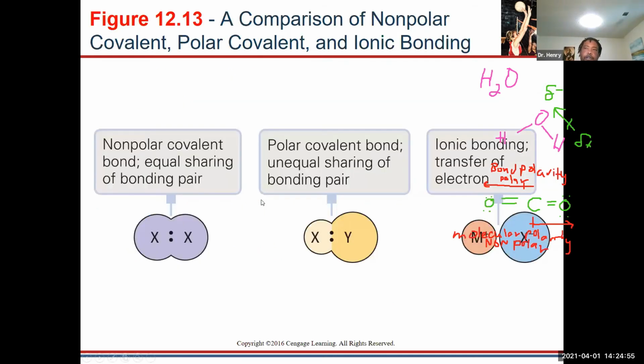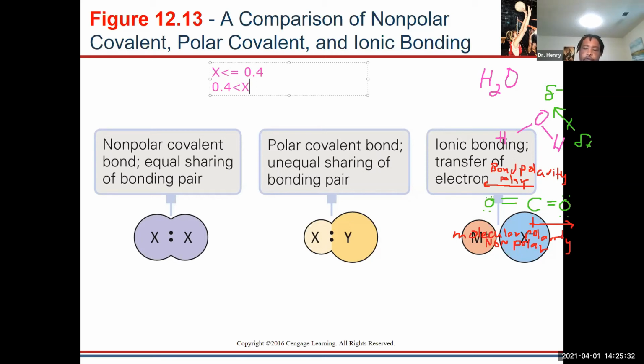So this is just basically showing you that. Non-polar is even sharing. This one is polar, where one is stronger than the other, so it gets the electron the majority of the time. And then this would be ionic. And then I gave you how to calculate those values. You guys remember that table that I wrote down? Where X is less than or equal to 0.4, this is non-polar.